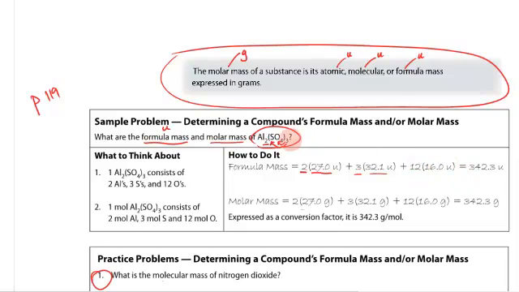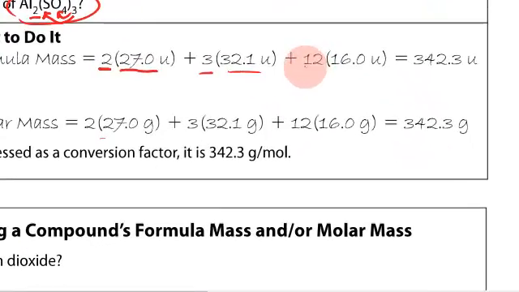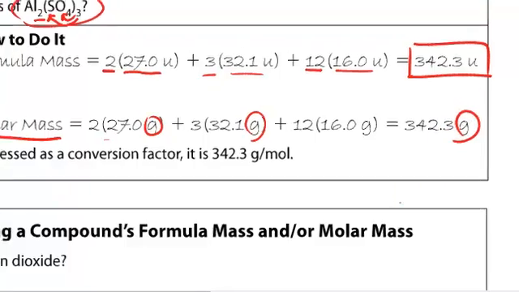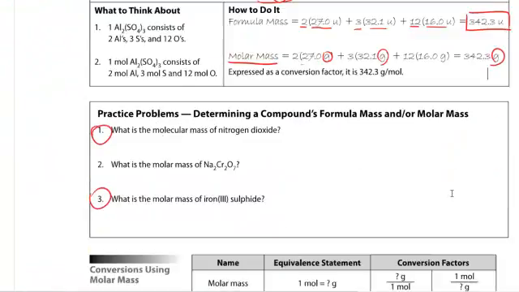And then 3 times 4 oxygens inside of there is 12 oxygens total, and 16.0 is its atomic mass. Add all of these together, I get 342.3 U's. Molar mass would be identical, except your units are in grams, and then at the end you would have grams.